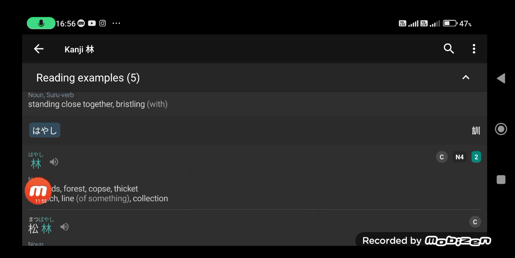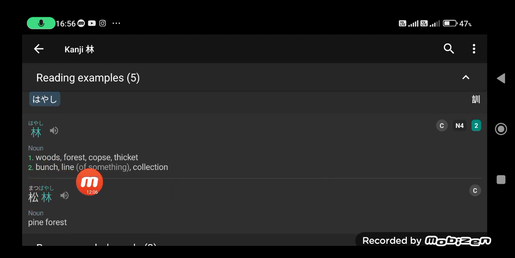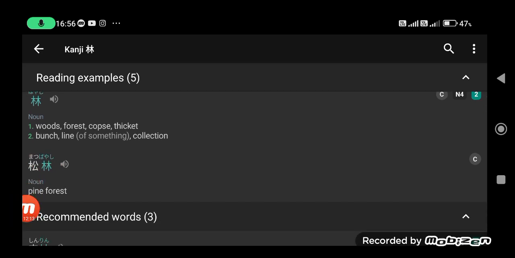And remember that Hayashi is commonly used to express names or proper nouns in Japan. And it means woods, forest, or thicket, or a bunch or line of something.